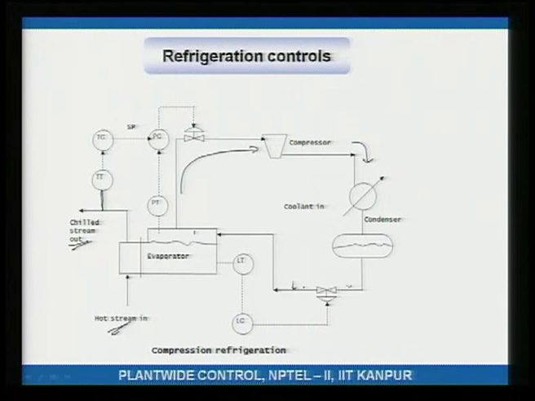So, the temperature inside the evaporator goes down. If the temperature inside the evaporator goes down, more heat gets transferred across this wall. More heat gets transferred means more heat gets transferred from the hot side to the cold side, right. So, that is how this works.